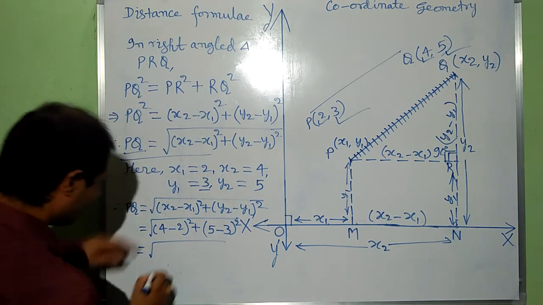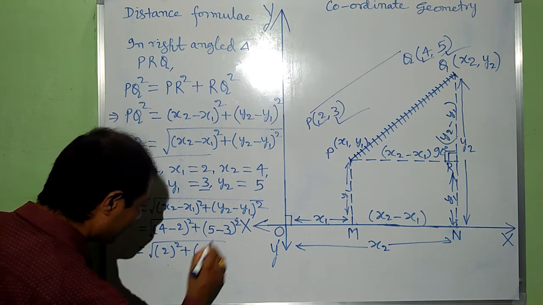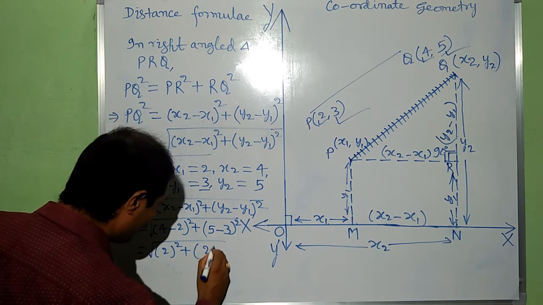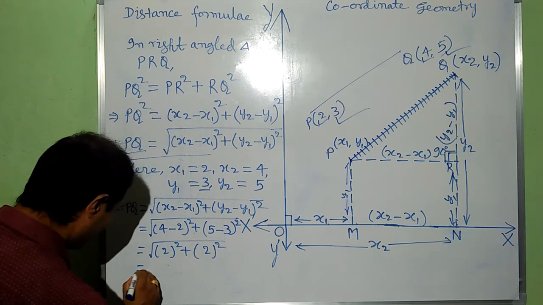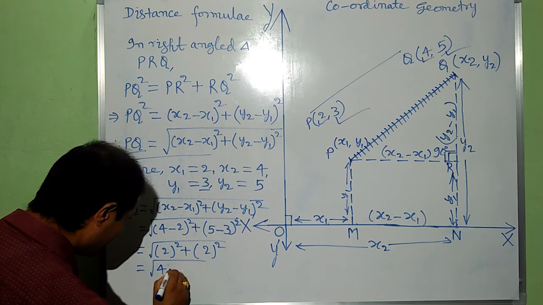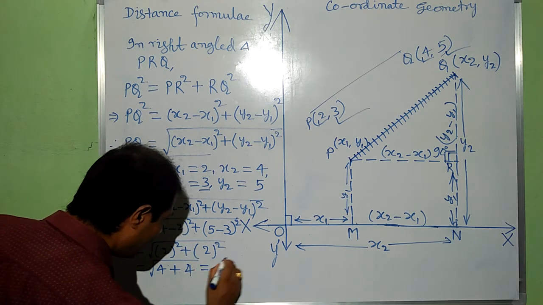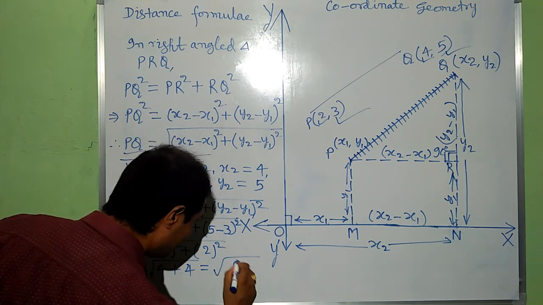It will be 4 minus 2, that is 2, whole square, plus 5 minus 3, that is also 2, whole square. It will be 2 squared plus 2 squared. It will be root under 4 plus 4, that is 8.